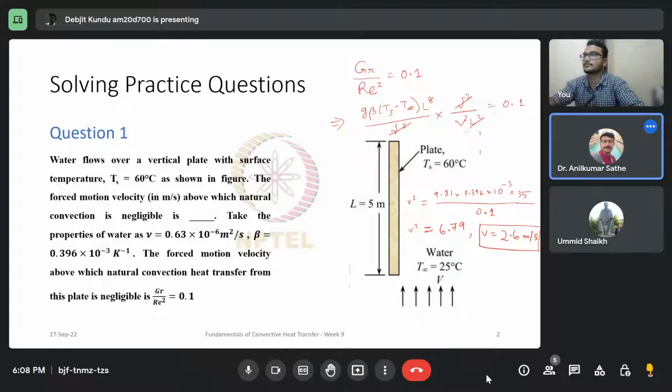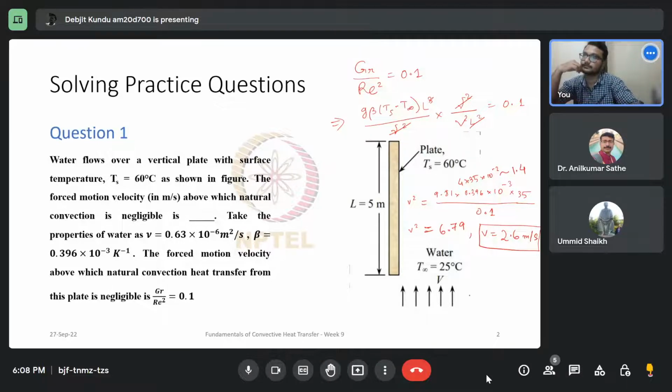I am getting 1.16. Okay, let's do this. 9.81 into, okay, so 10 into 0.4, and 10 power minus 3 into 35 gives 10 power minus 2, so this would be somewhere around 1.4 sort of thing, right?